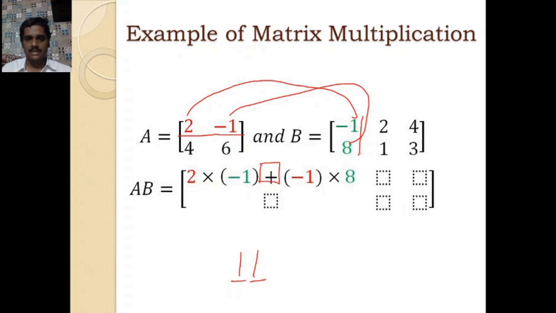Okay. Let's talk about the second element. The second element is present at first row, second column. Row index is 1, so you'll pick first row of A. Column index is 2, so you'll pick second column of B. You'll multiply them to get this first row, second column of the product.